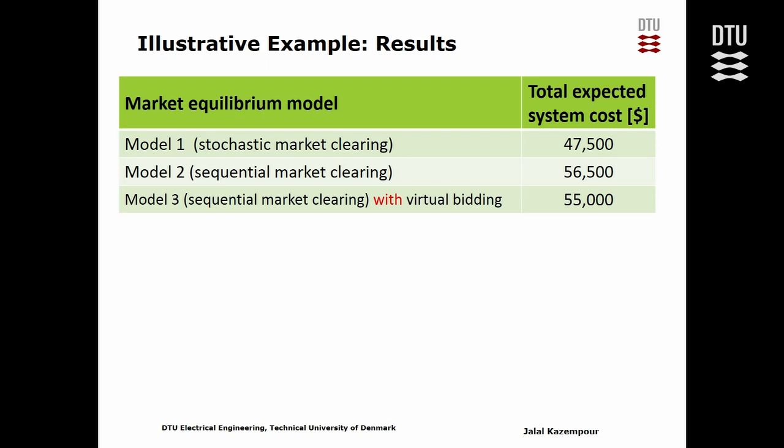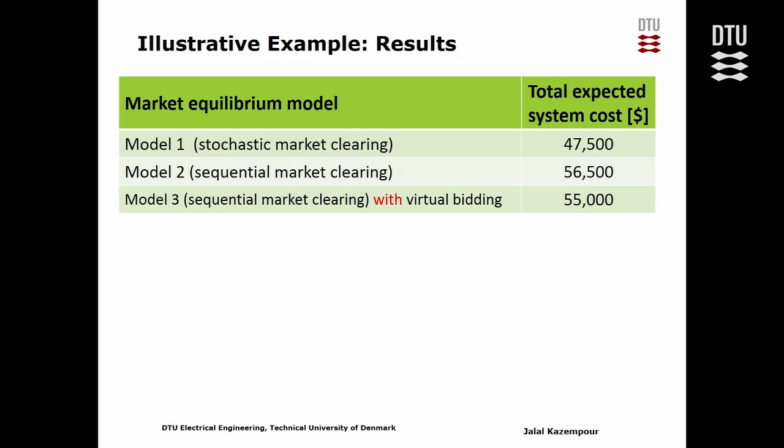Now, let me add, so still it's model 2, deterministic sequential, but let's have one virtual bidder. It's a single node, so we have no network here. So we have a virtual bidder. This virtual bidder is perfect. In day ahead, unlike the market operator, the virtual bidder knows what may happen in the real time.